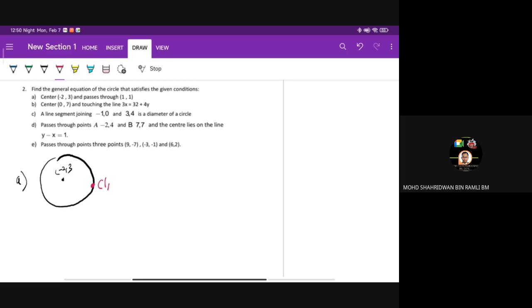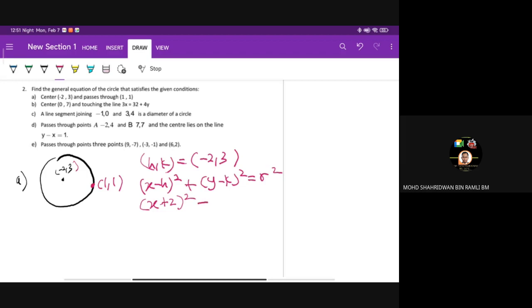Actually, it's very simple, because h and k are already given, which is (-2, 3). When you substitute into the standard equation, (x - h)² + (y - k)² = r², you will have (x + 2)² + (y - 3)² = r². So this is in terms of the standard equation.